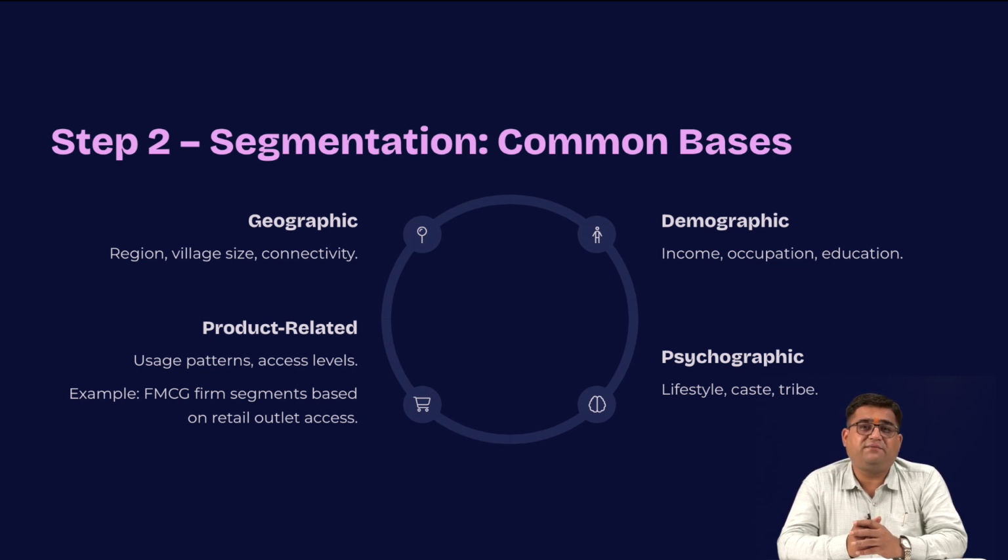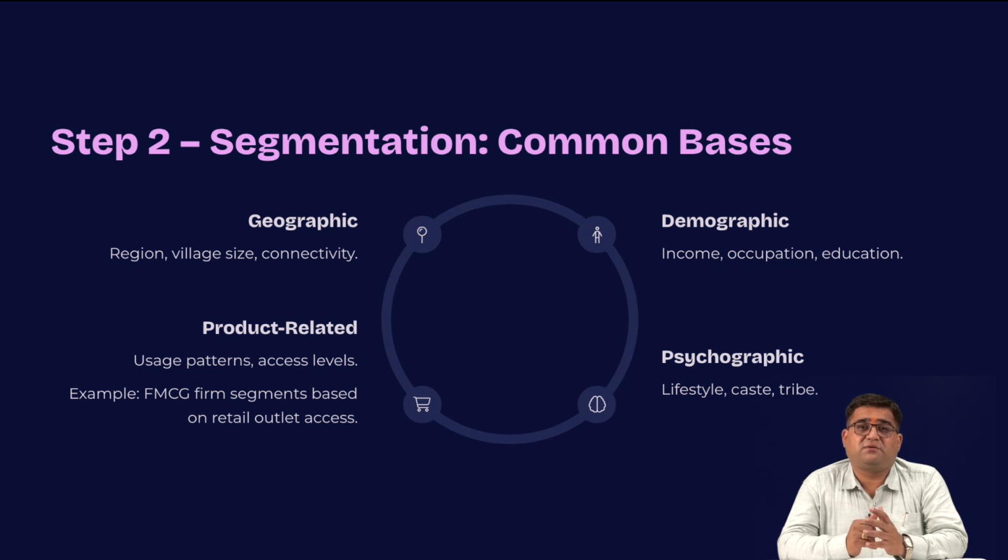Companies often identify segments like farmers, rural youth, or women homemakers, etc. Third segmentation type is psychographic or cultural segmentation. This groups consumers based on lifestyles, values, or social affiliations like caste or tribe where relevant. For example, distinguishing between traditional conservative communities and those that are more modernizing.